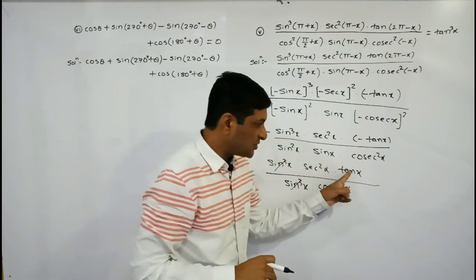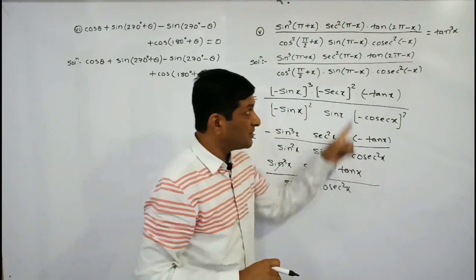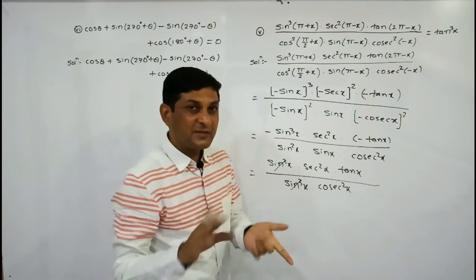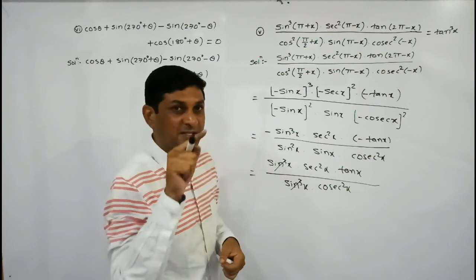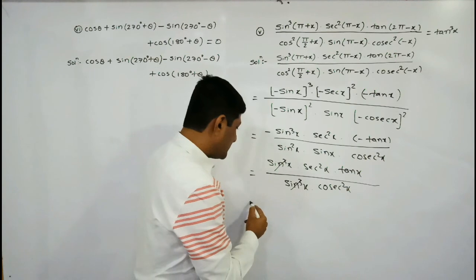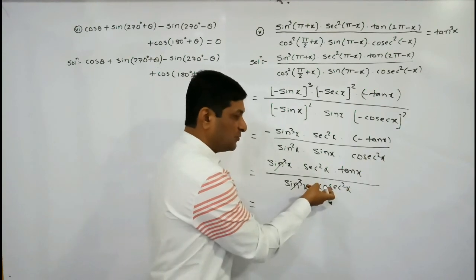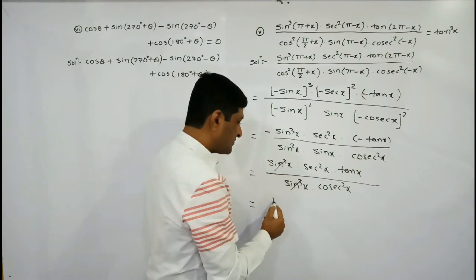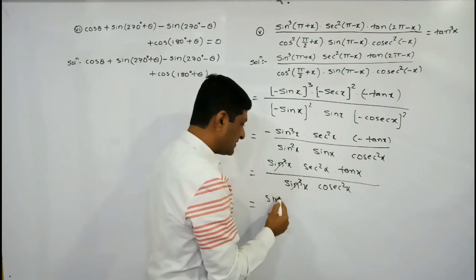Simplifying the remaining expression, we have to convert the whole expression in terms of tan. So tan in terms of sine and cos can be written as what? Sine x upon cos x. So that's why I am shifting this cosec square x to the numerator. The reciprocal of cosec square x will be equal to sine square x.